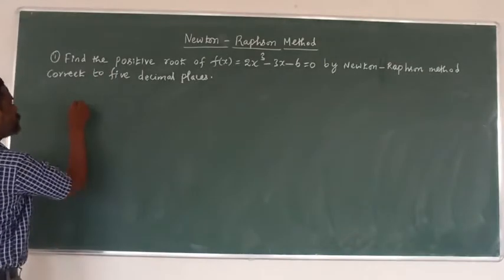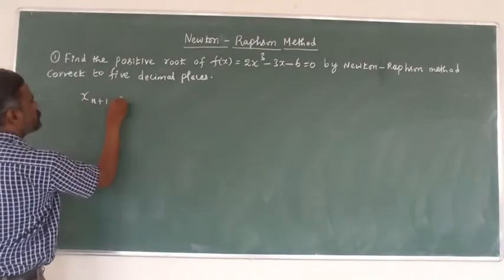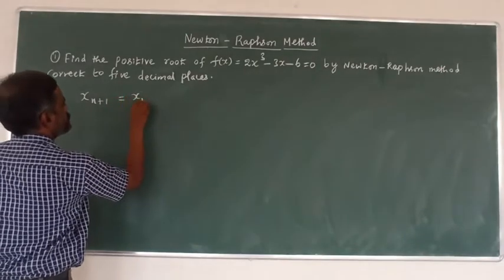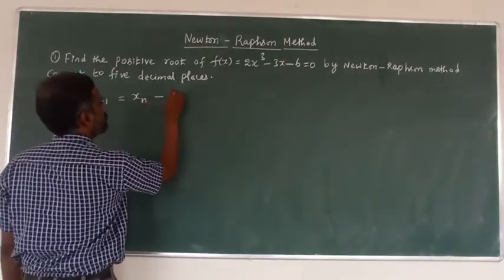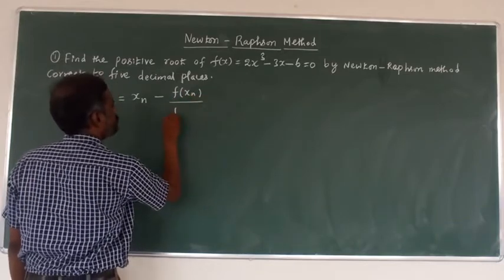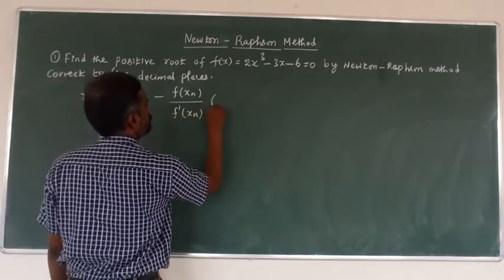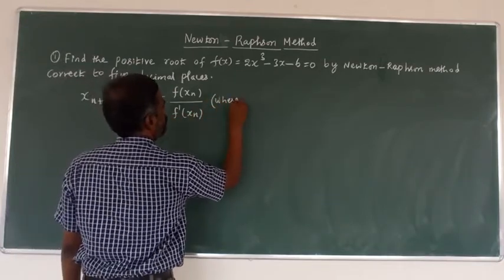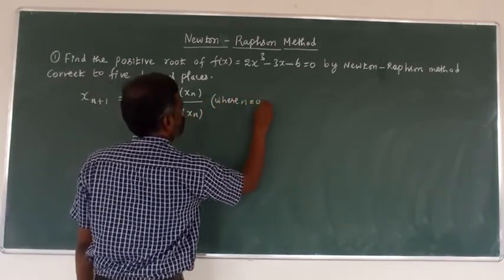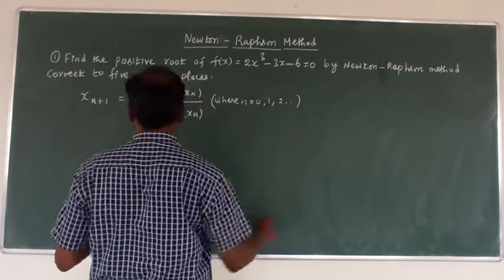Here the formula is x n plus 1 equal to x n minus f of x n divided by f dash of x n, where n is equal to 0, 1, 2 like that.